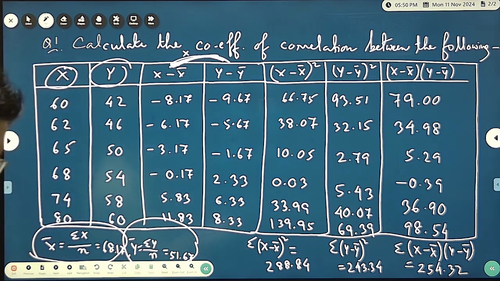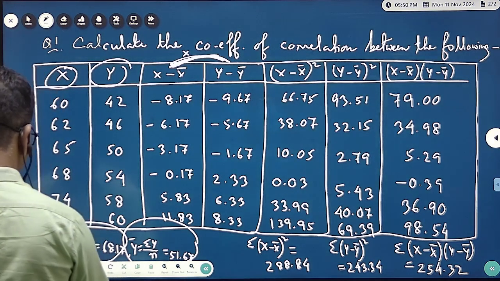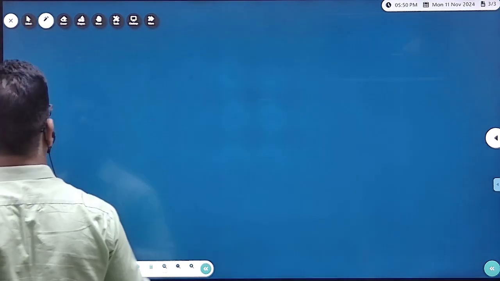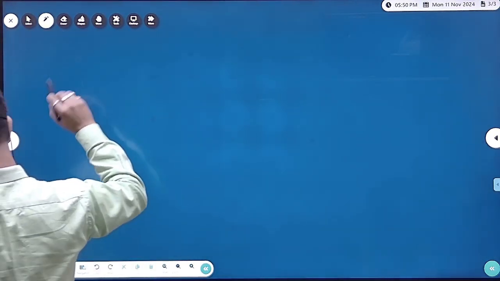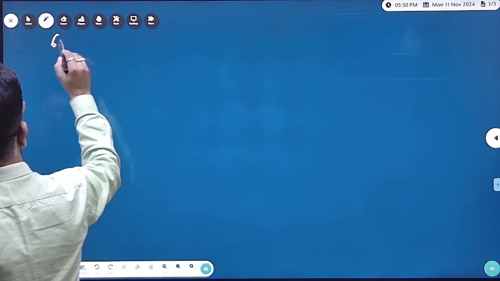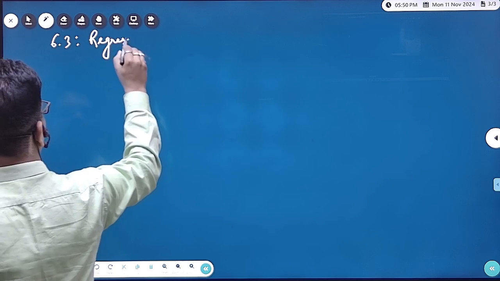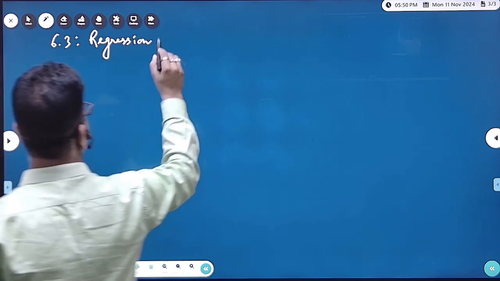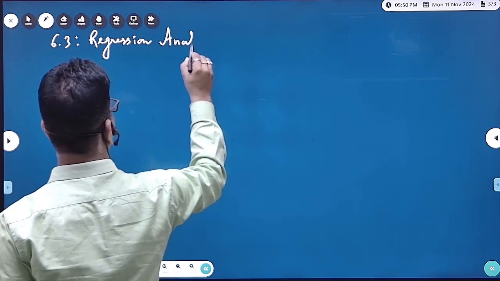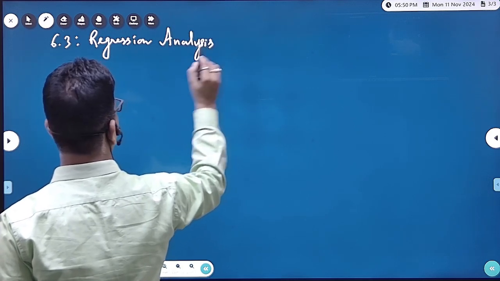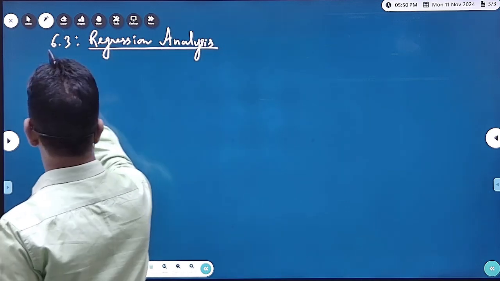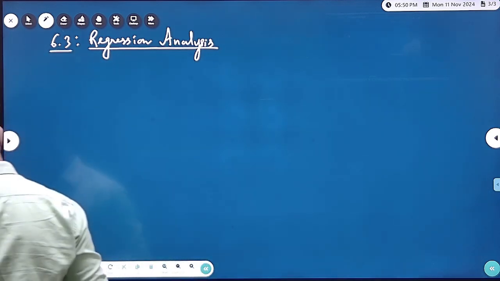Page number 367. Okay. So we just started today because you have the next class, I think. So it is module 6.3, regression analysis. Done. And this topic is easy.